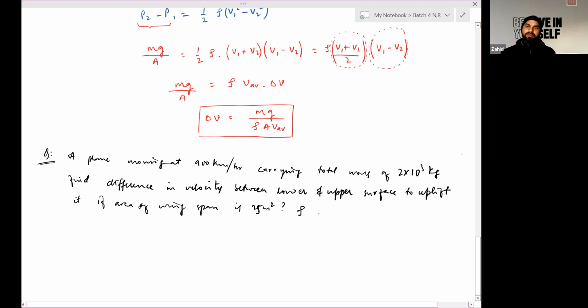Density of air is 1.3 kg per meter cube, and take gravity to be 10 meter per second square. Just put all the values in the above formula and try to simplify it.